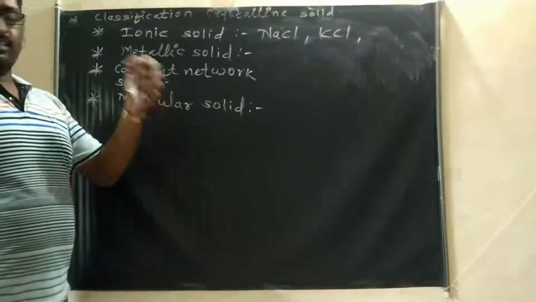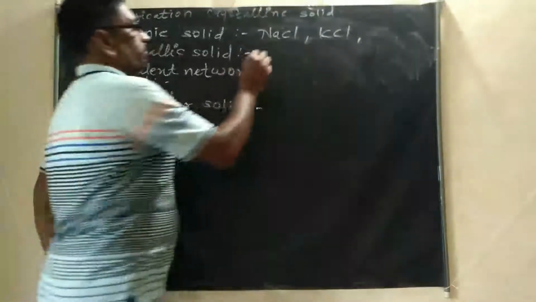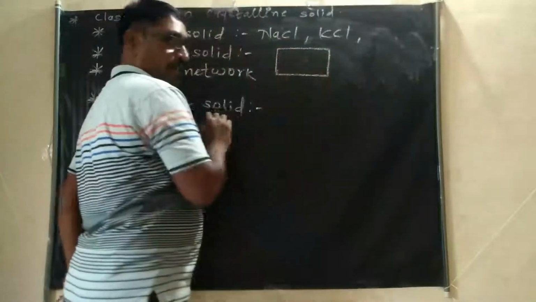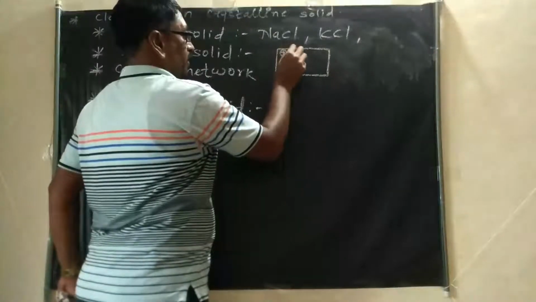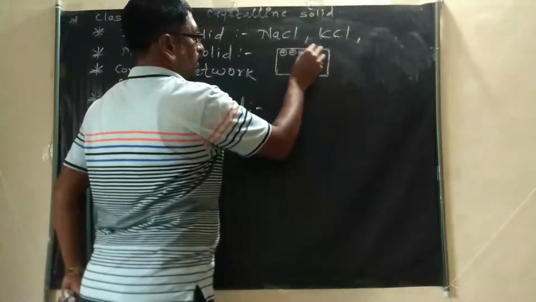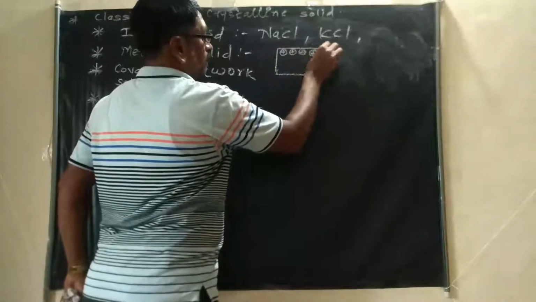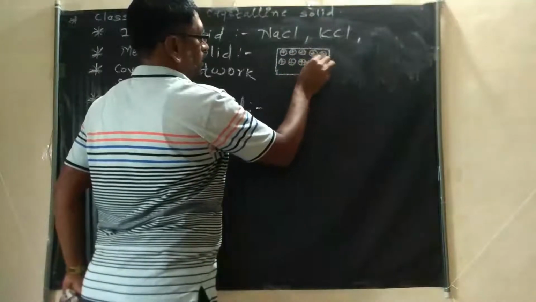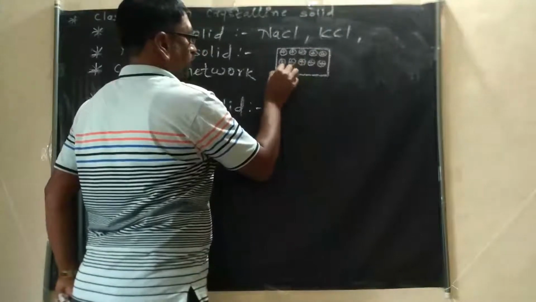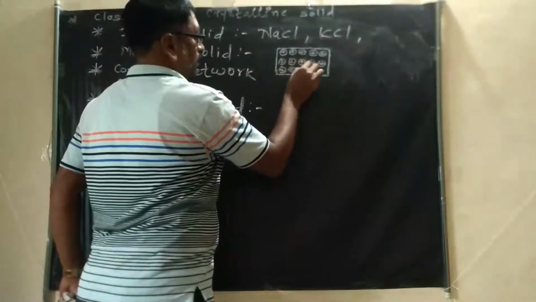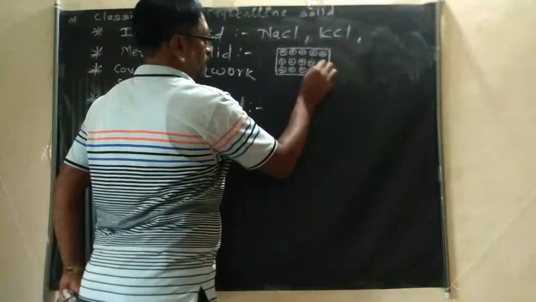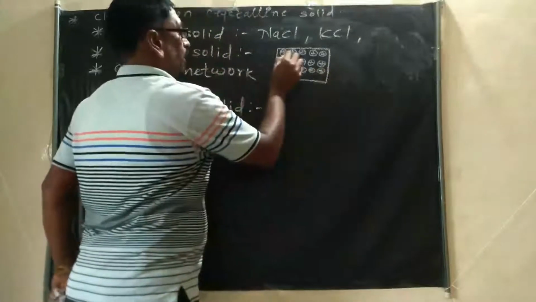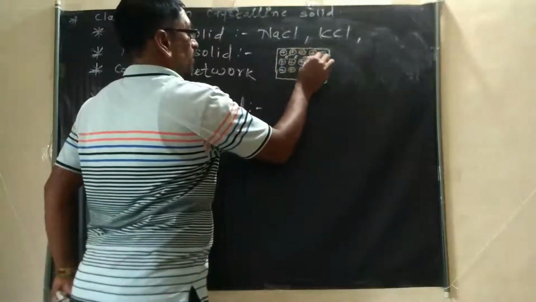If we see the structure of metallic solids, suppose one plate of metal. In that plate, positive ions are present. See carefully and listen carefully. And electrons are delocalized.